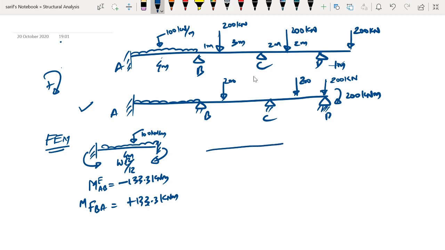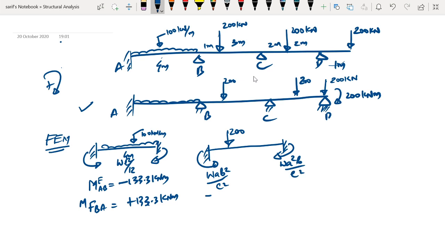Similarly, we can calculate it for span BC. Again, these will be the directions of the fixed end moments. Clockwise is assumed as positive. The value here will be, as we know, WAB square by L square, and the value here will be WA square B by L square.